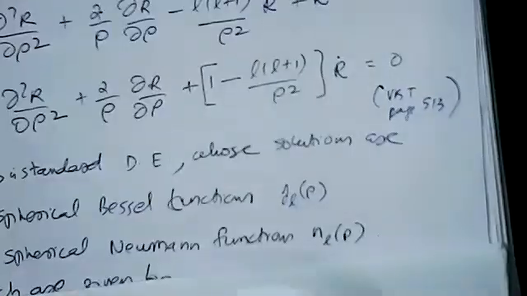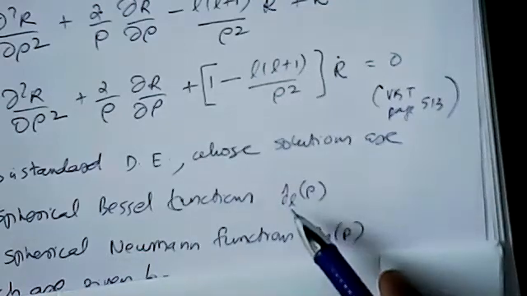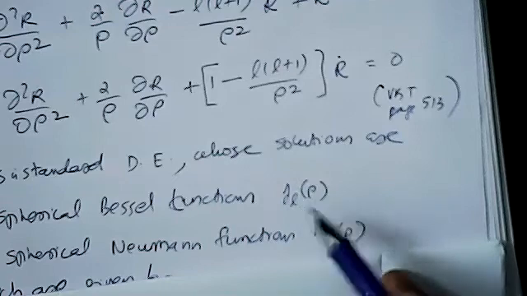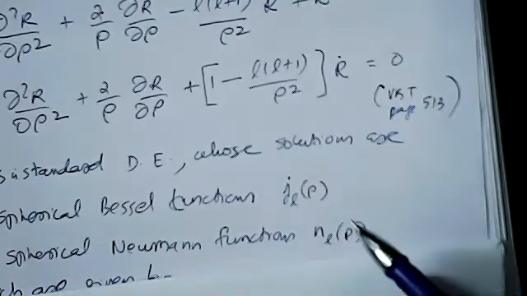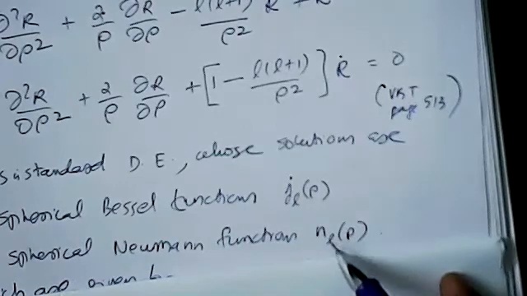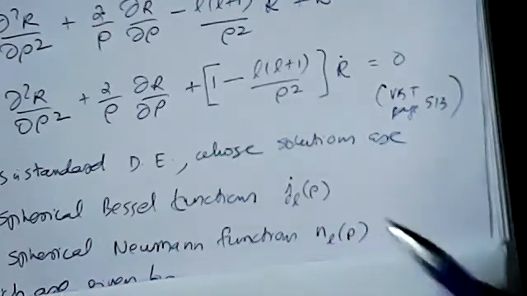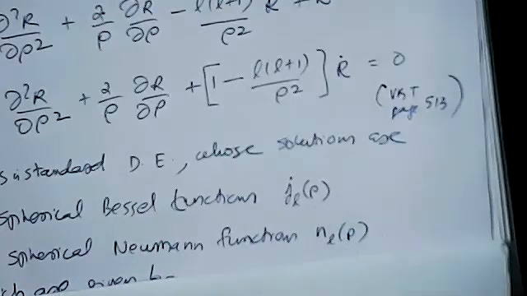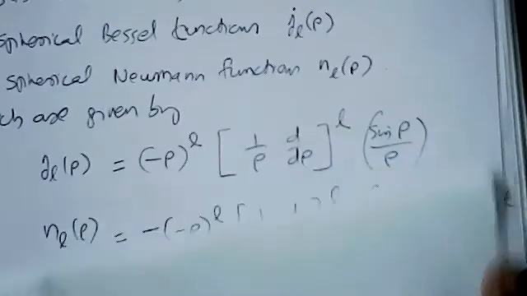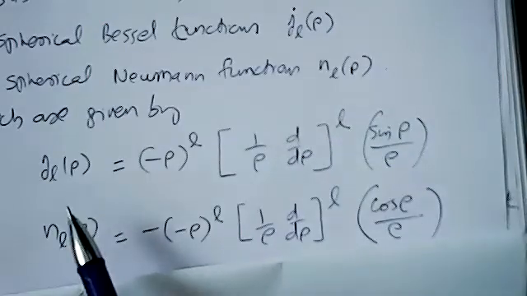So for this standard differential equation, two solutions for R are possible. One is the spherical Bessel function, which is represented as small j_L(rho). And another is the spherical Neumann function n_L(rho). These are the solutions of this equation, which are given by this standard expression.